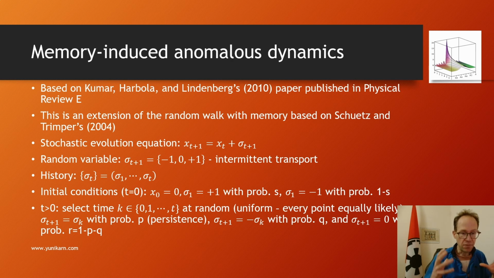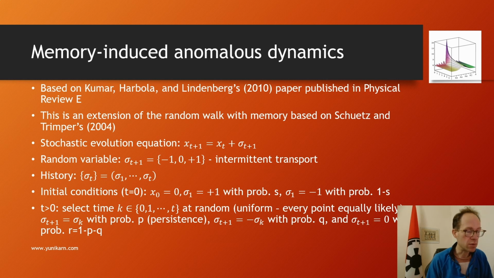At the core of it there is a stochastic evolution equation: x_{t+1} = x_t + sigma_{t+1}, where sigma_{t+1} is a random variable. This is a one-dimensional random walk where x could refer to a position or maybe a share price.